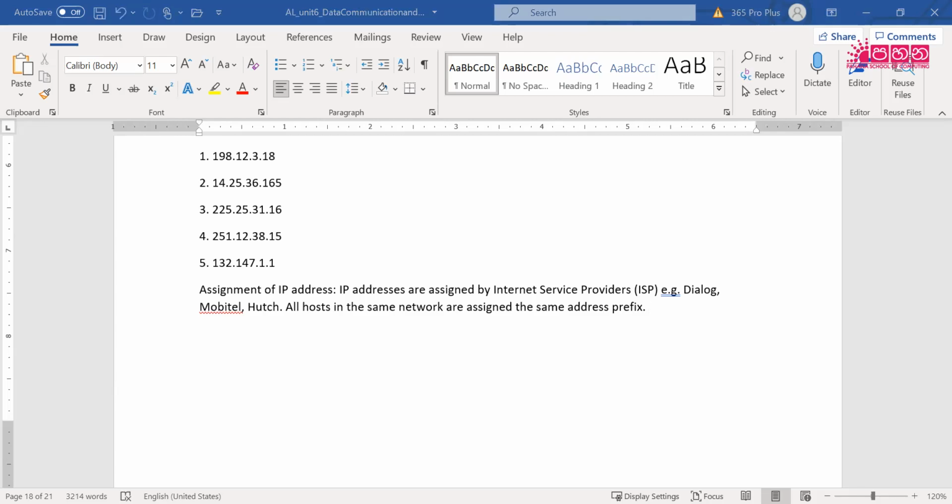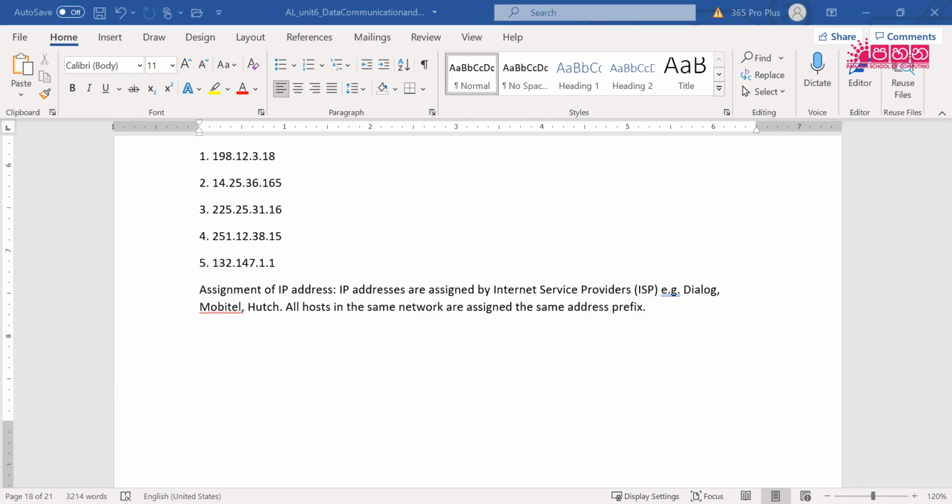So that's about the assignment of IP addresses. Now let's look at subnetting. Let's look at how we can do this.